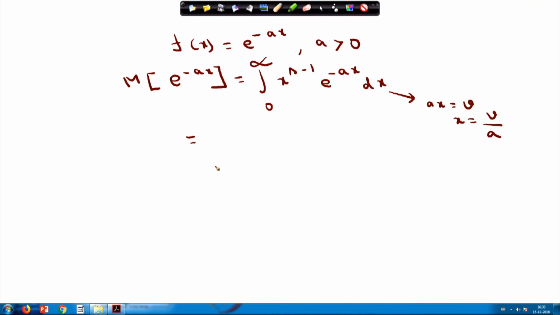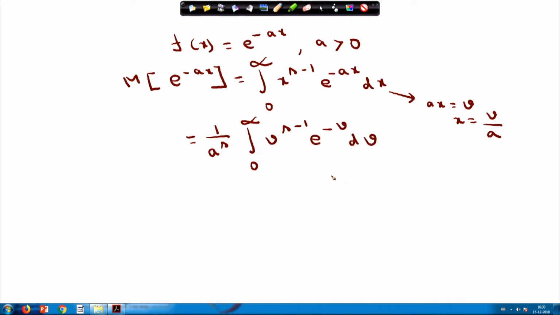So x to the power s minus 1 means 1 by a to the power s minus 1 times v to the power s minus 1, and when I differentiate, dx will be 1 by a dv. So it will become 1 by a to the power s, integral from 0 to infinity of v to the power s minus 1 into e to the power minus v dv.